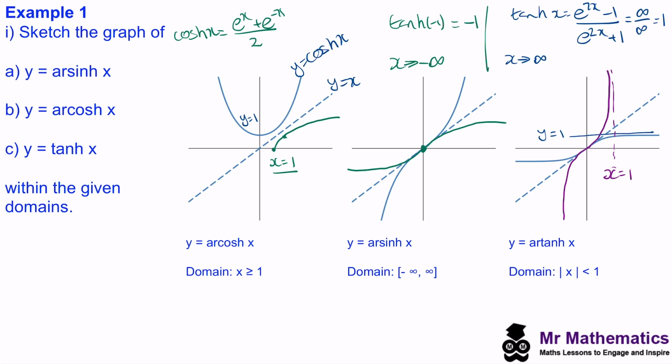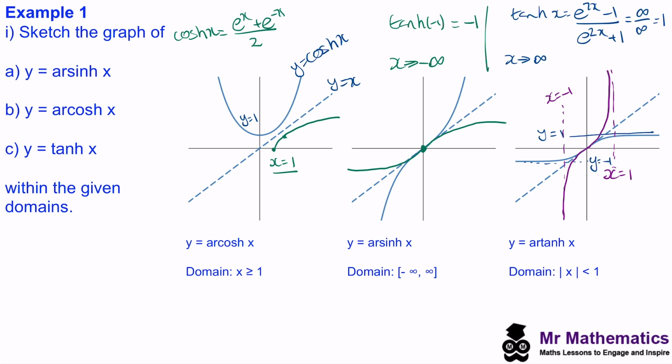And this gives us the equation of this asymptote, y equals -1, which means our artanh of x will have an asymptote at x equals -1. So we can see then that for the domain, the magnitude of x will always be less than 1.